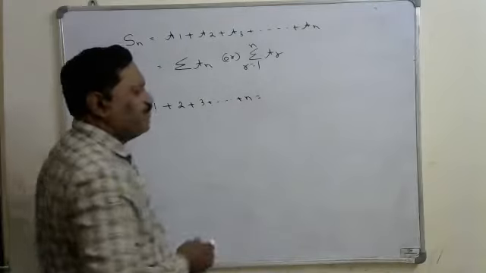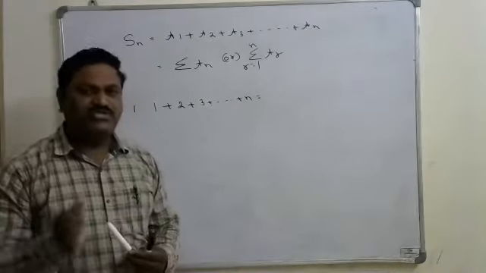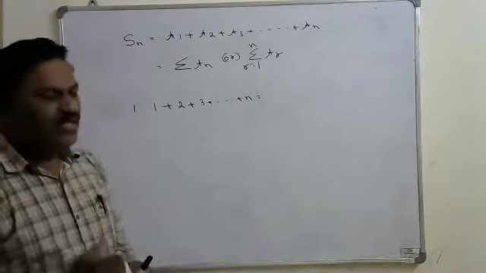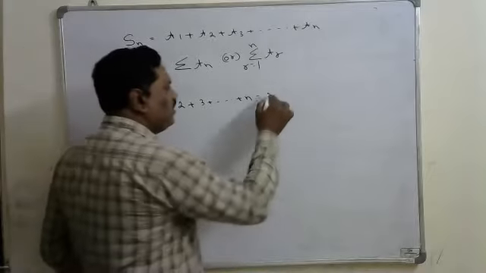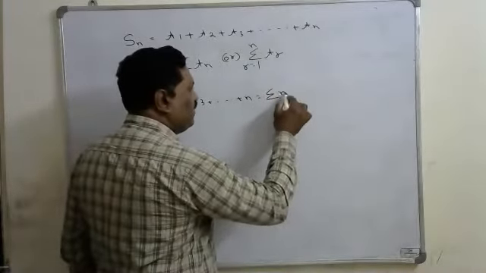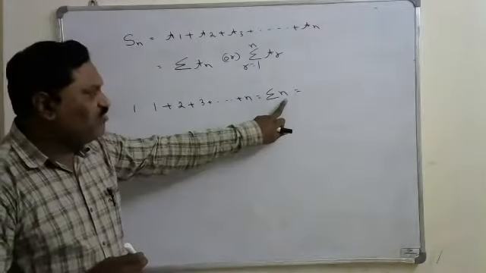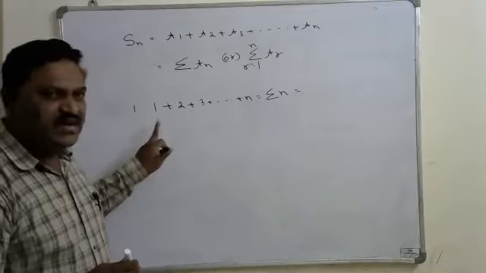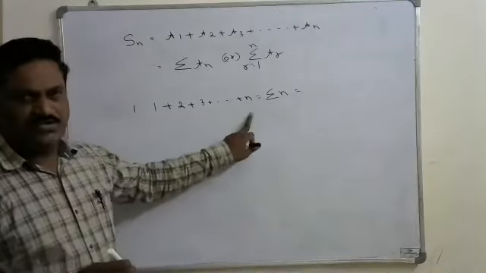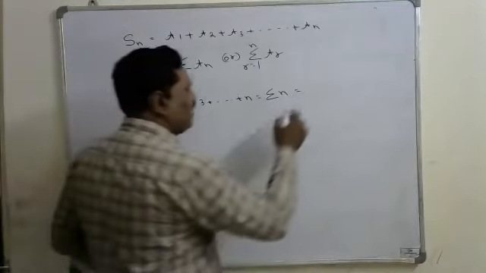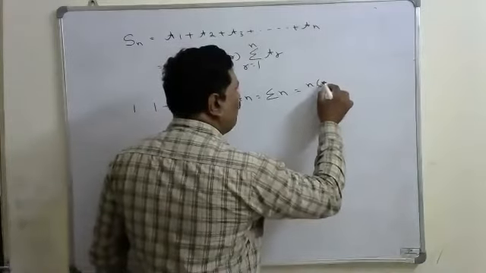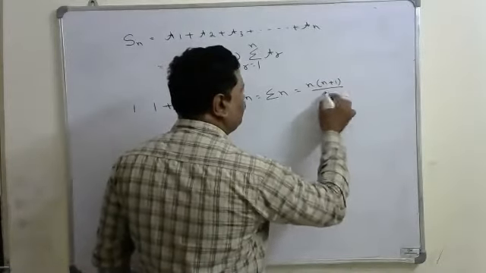That represents the sum of the first n natural numbers, represented by sigma n. This formula I gave as n into n plus 1 by 2.